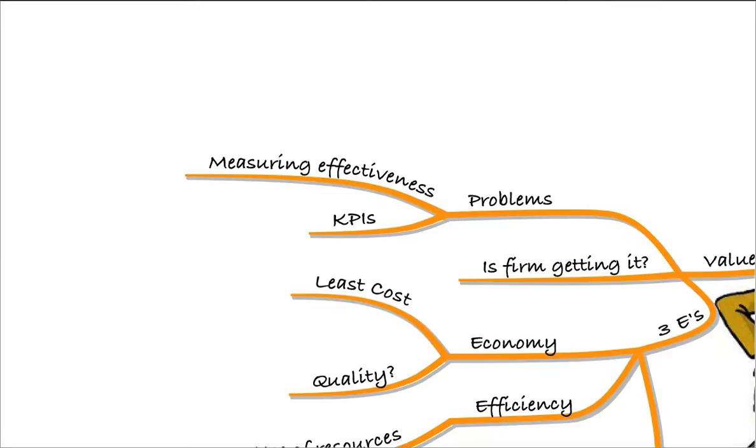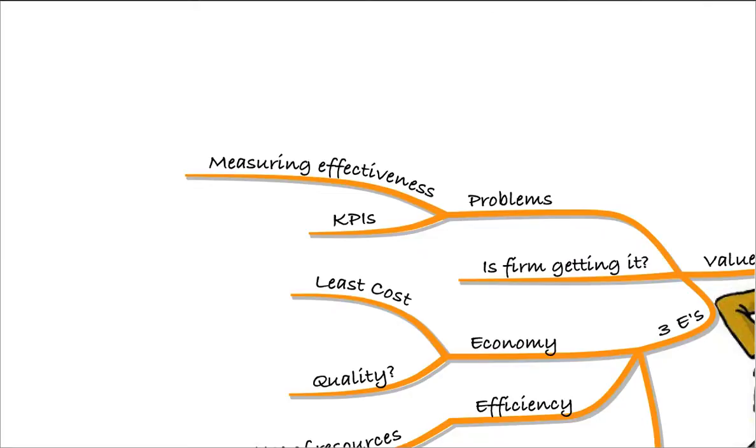So it may not simply be a case of being able to see how efficient a process is. It may be rather complex to see how we can get the results of that. So that's what internal audit will think about. They'll think about what KPIs they should measure and how effective those KPIs are. So that's a value for money audit, looking at whether the firm is getting that value for money.